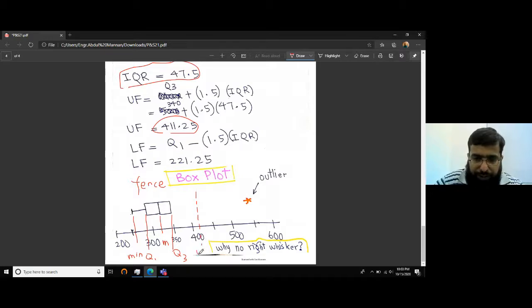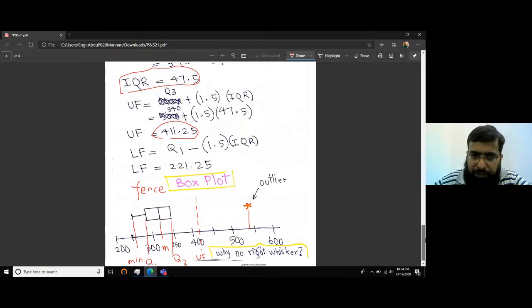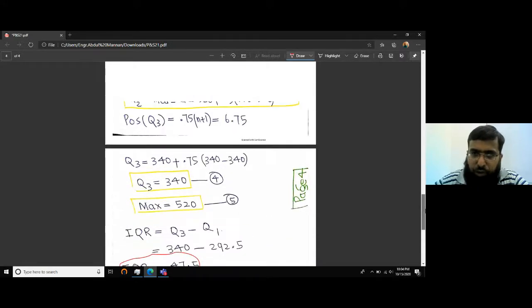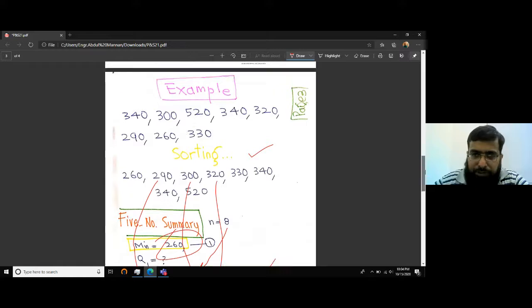We have already studied that if a point is outside the upper fence or before the lower fence, it's called an outlier. So this 520 point is an outlier. And what is the point that is before 520 in our ordered list? Before 520 is 340.